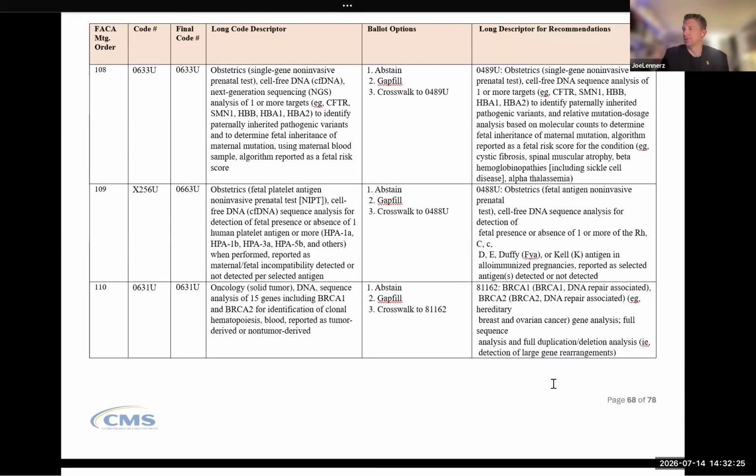So the cell that I'm looking at is Q112, and the codes are 81162, which is on the ballot, 81443, which is not on the ballot, and then the last code that was presented is 81462.